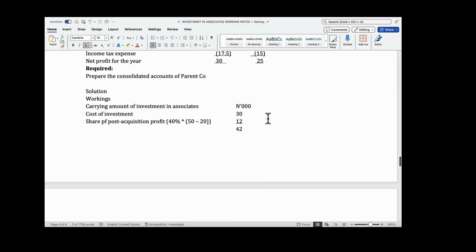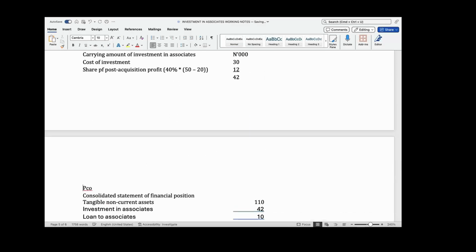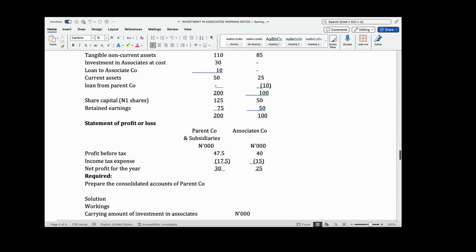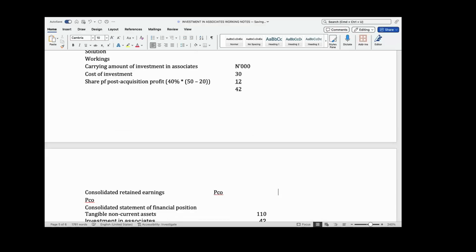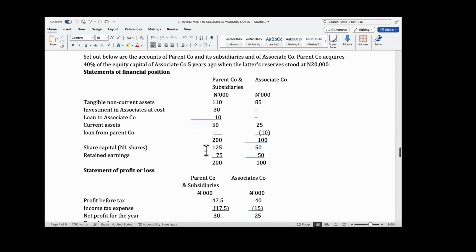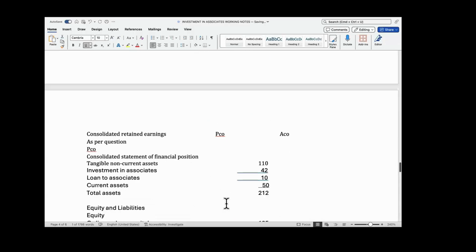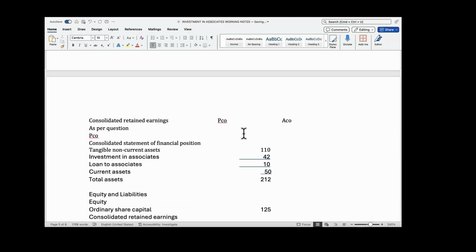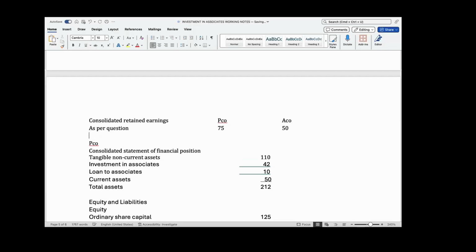I think it's better we do the workings for this, even though it's straightforward. So consolidated retained earnings of PICO and ACO. As per the question, what's the retained earnings of parent and subsidiary? 75. This one is 50. 75, 50.